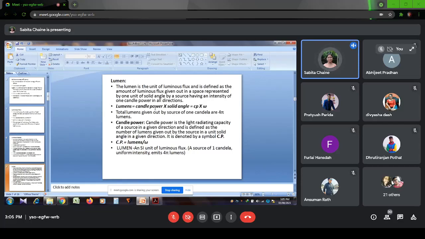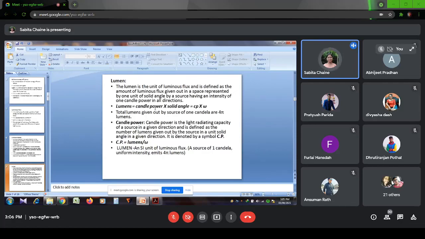Already you know candela power Cp equals lumen by omega. These definitions you have already been given. Candela is the luminous intensity, that is the light radiation of a source in any direction, or for the solid angle.